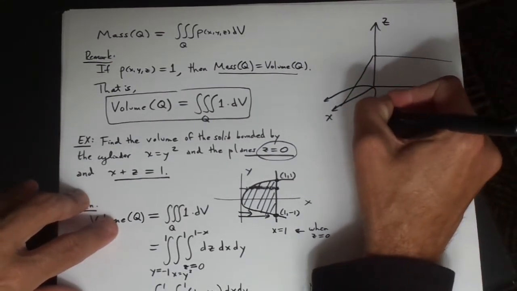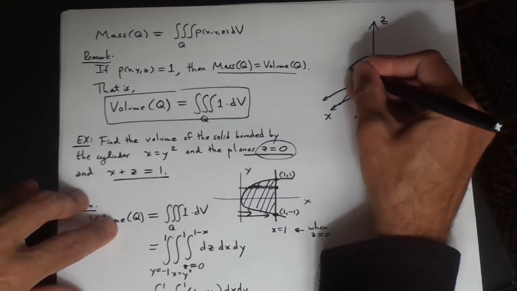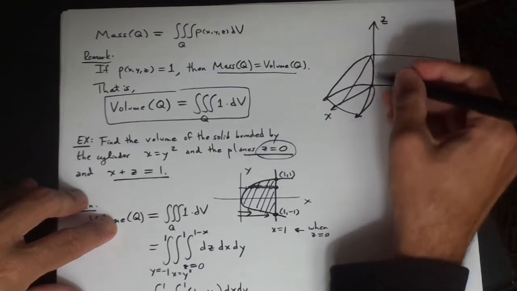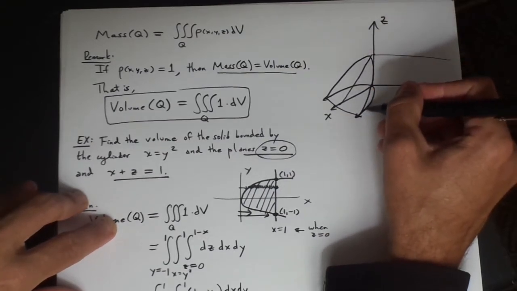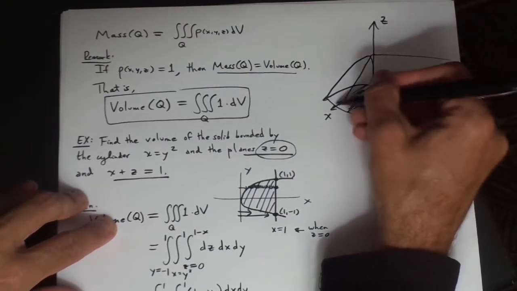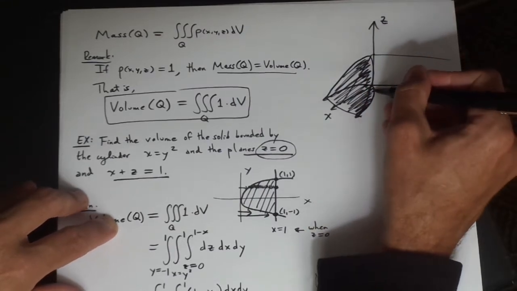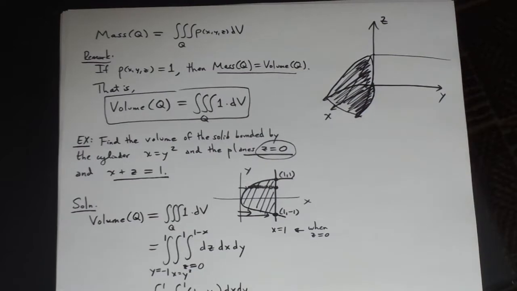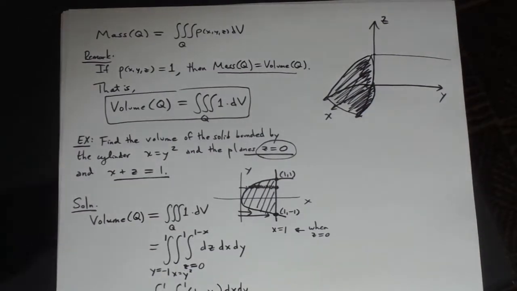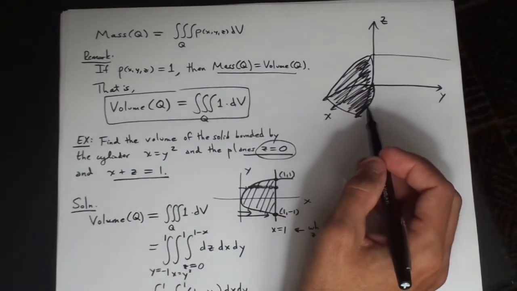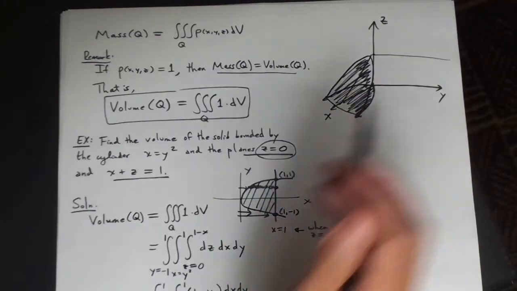You get this kind of shape. It's a little hard to tell what's going on, but there's this region in here. This is the solid region of integration. It's like you're sawing off the cylinder at an angle and creating what looks like a parabola-shaped wedge. That's what that solid is.